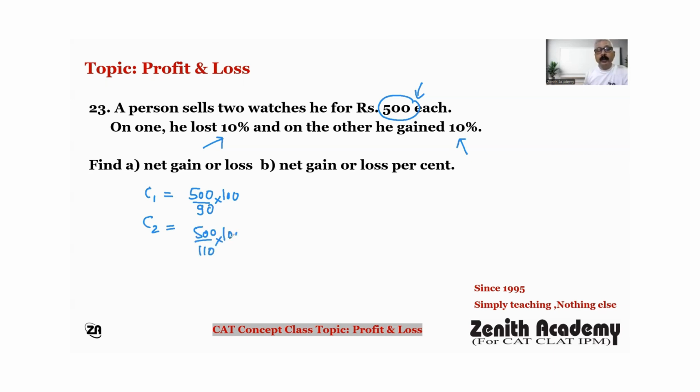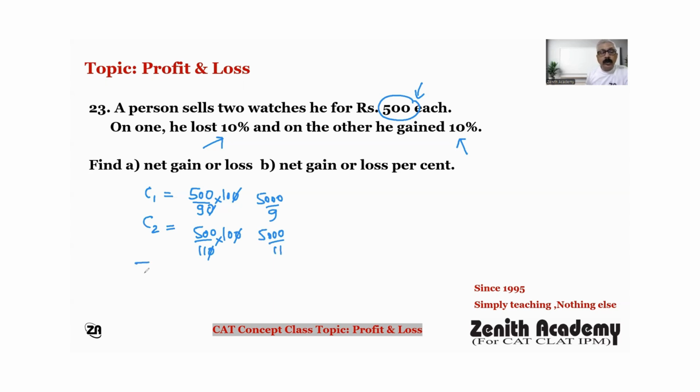So cost price is 500 into 100 by 110. Okay. So this way, C1 is 5,000 by 9, and C2 is 5,000 by 11.